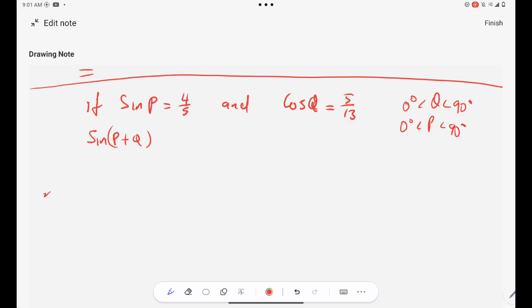So all you need to do, guys, is just draw the two right angle triangles, right? This one will be for P and the other one will be for Q.